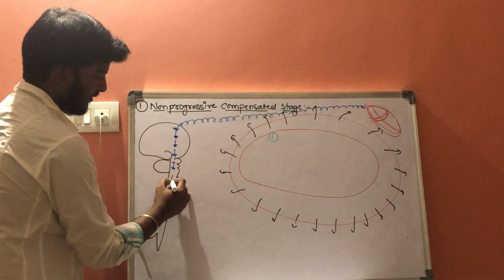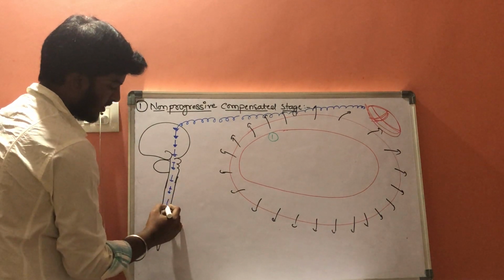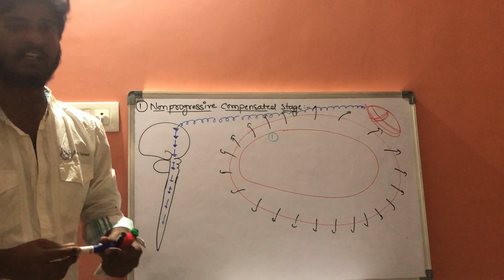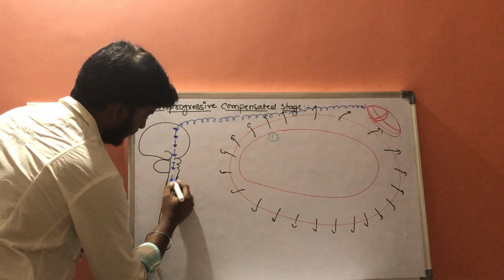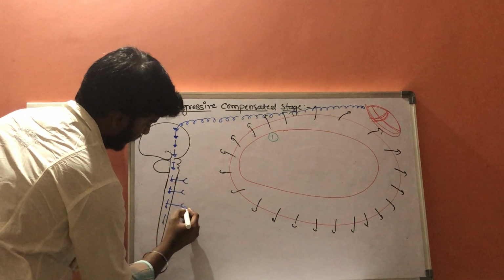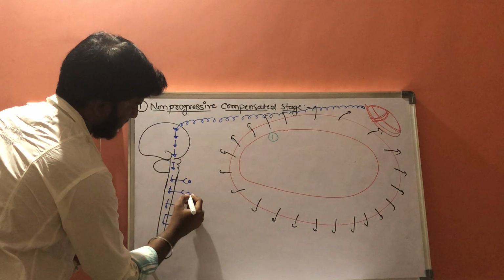Whenever the polyneuronal descending pathway is activated, it results in activation of sympathetic outflow. Let us consider this is the sympathetic outflow.